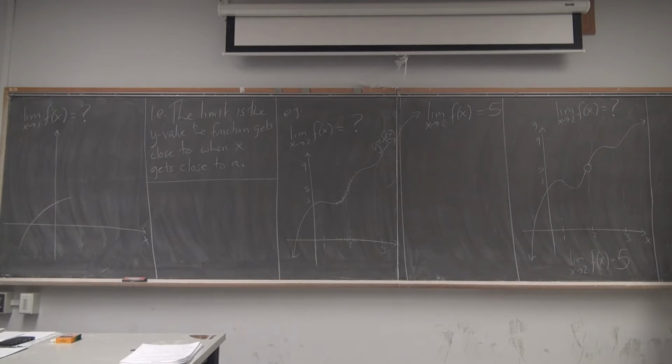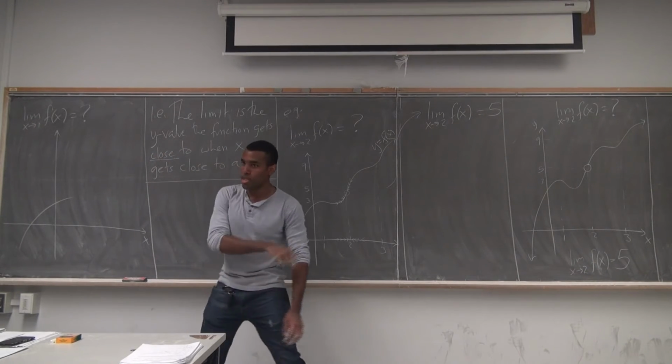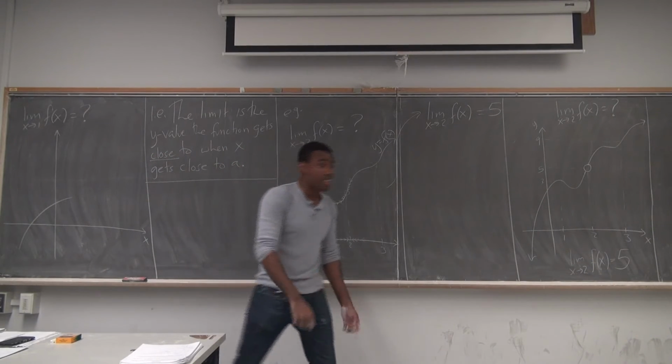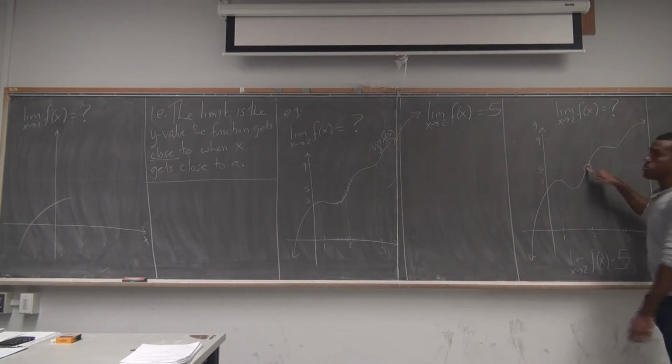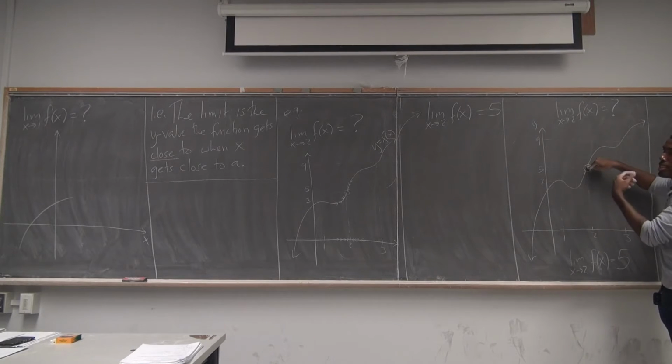Why? Because getting close to something is what we care about, not actually getting there. I don't actually care that I can't be at 5. I just want to know if I get close to 2, what do I get close to? The y values will get close to 5. They can never actually hit 5. I don't care. I just wanted to see what the y values are getting close to, right?